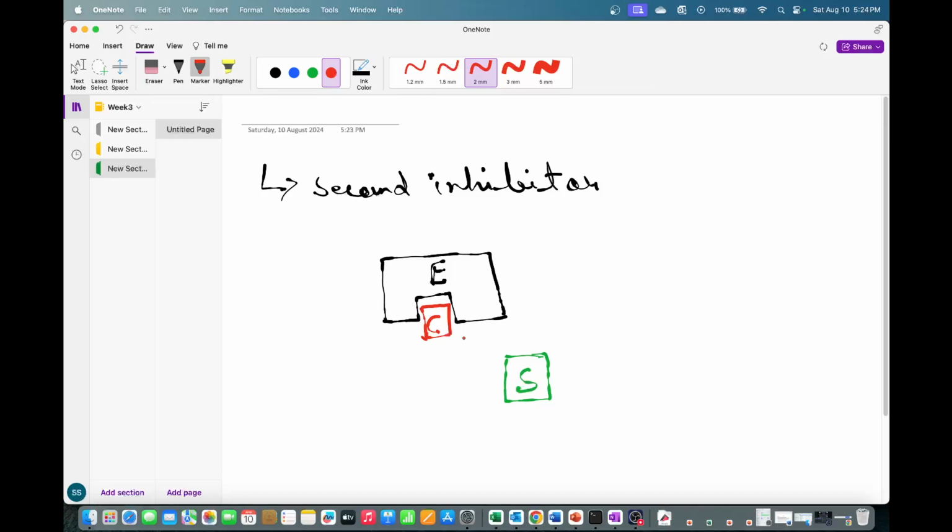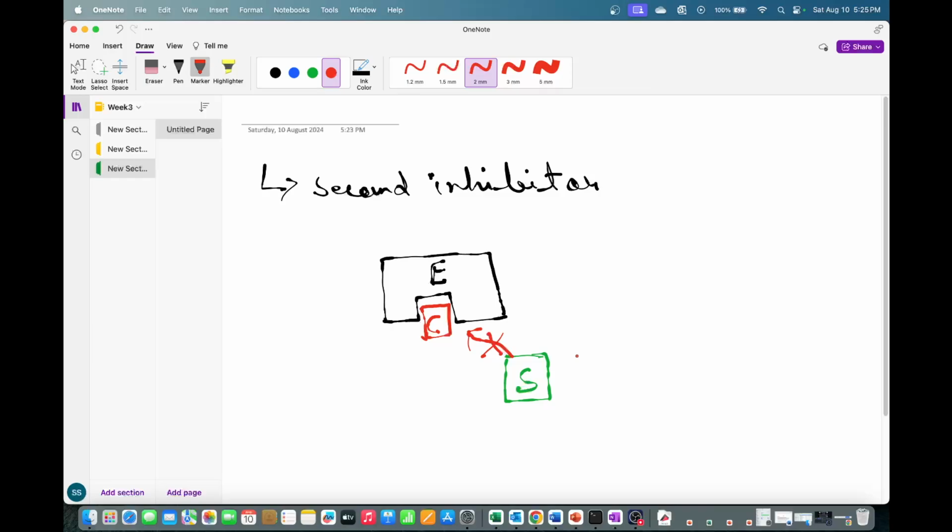This inhibitor is present in the system along with the substrate, and it is very similar to the substrate, so it goes and blocks the reaction between the enzyme and the substrate. The substrate cannot bind here because a compound similar to the substrate has already bound there. So this binding cannot happen. So there is a second compound in the system which can bind to the enzyme and prevent the primary substrate from doing so.